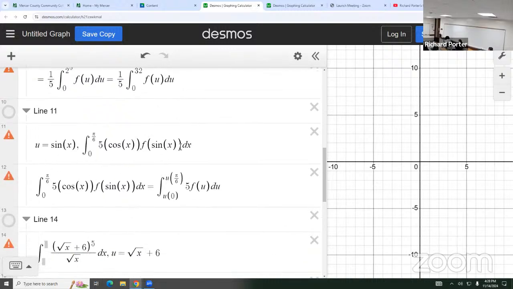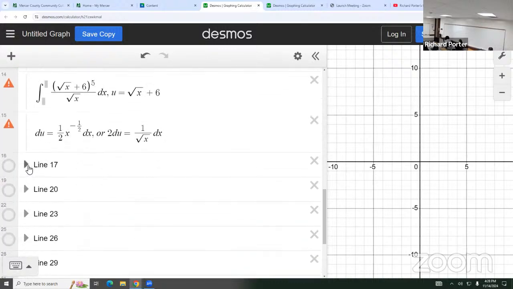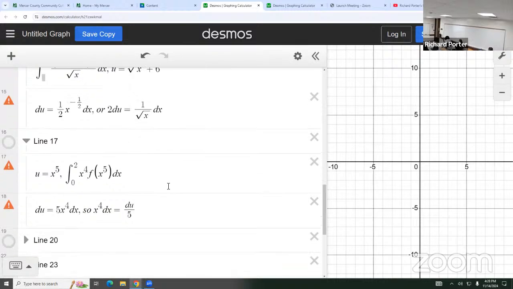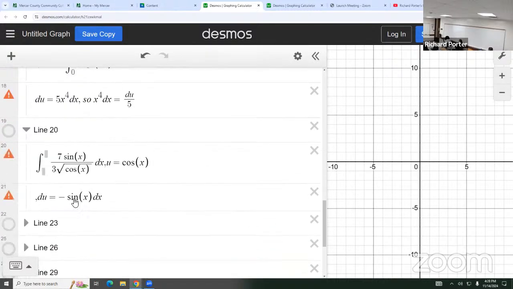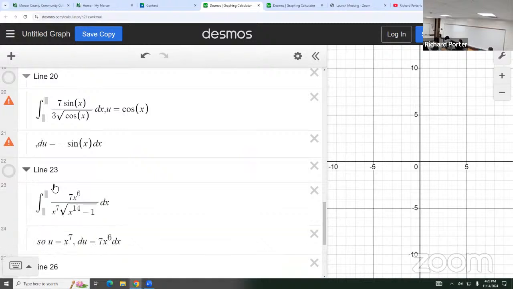Again, this one's a u substitution, another definite integral with limits, but no integration was done. This is just finding the differential. This one's finding the differential.